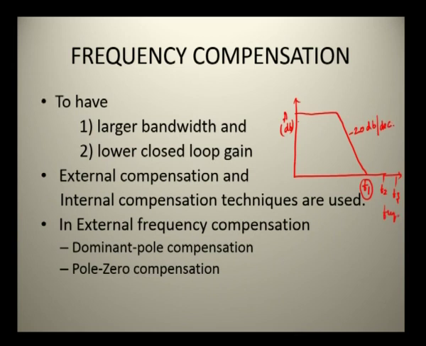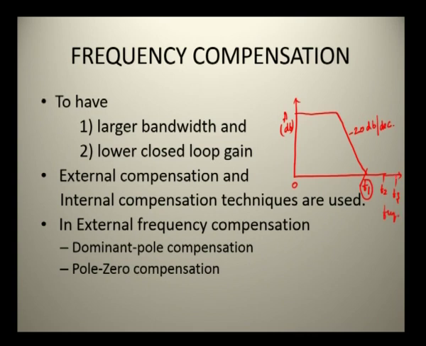So, here this open loop gain touches the 0 dB line at the frequency F1, which is the pole we have introduced in the circuit by externally connecting a resistor and a capacitor to the operational amplifier. So, here the roll off rate is just minus 20 dB per decade instead of minus 40 and minus 60 dB at F3.